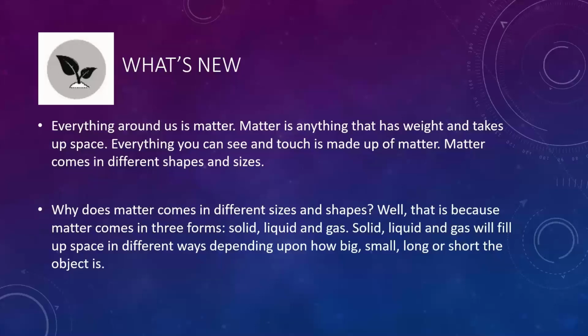Well, that is because matter comes in 3 forms: solid, liquid, and gas. Solid, liquid, and gas will fill up space in different ways depending upon how big, small, long, or short the object is. Let us explore more about them and their properties.